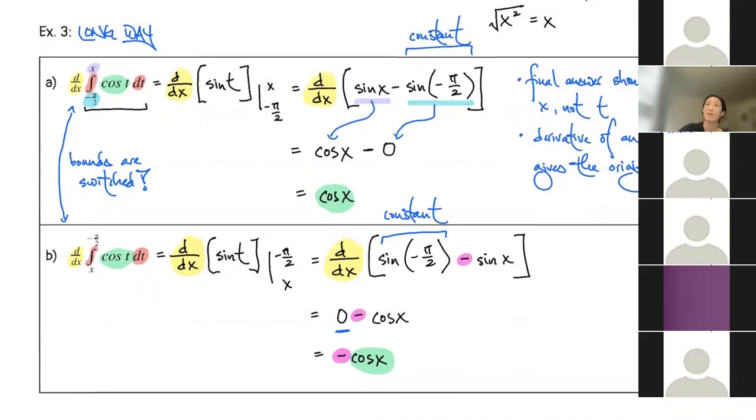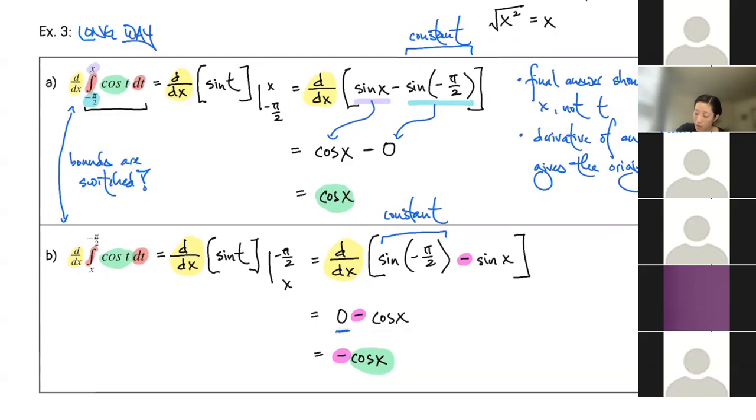Now I'm pointing out all these things because they're going to be important when we look at that shortcut. Okay, so of course, let me say that one more time. When we have a constant as the top bound, we end up with a derivative of 0 in the front and then minus the derivative of the function in the second part.